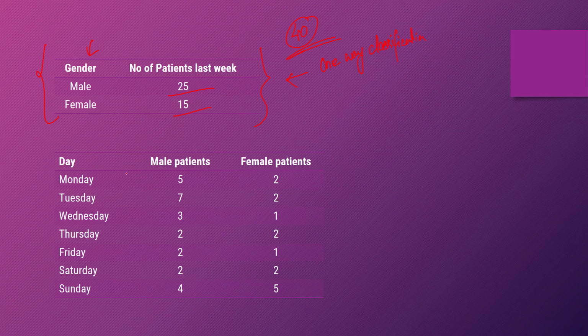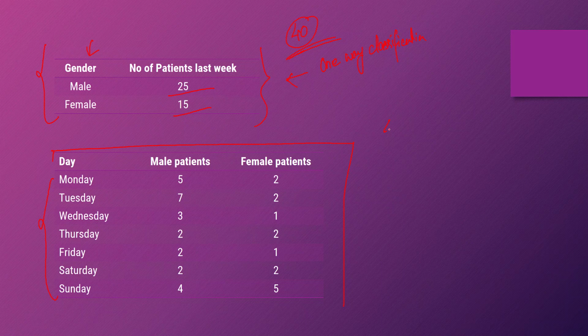right? On the other hand, for the same data, apart from their gender, if I classify the number of patients according to the days on which they were admitted to the hospital, that means every Monday to Sunday, then I get a different kind of table, right?